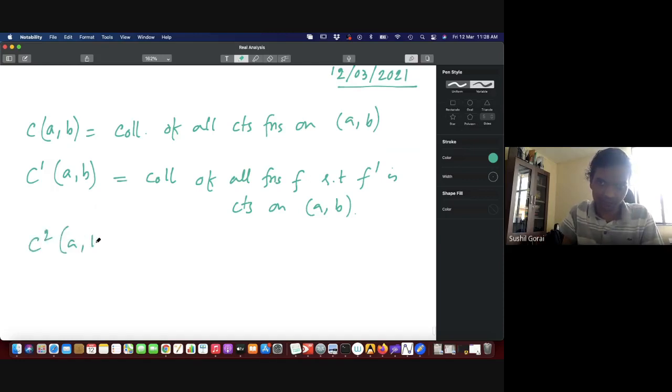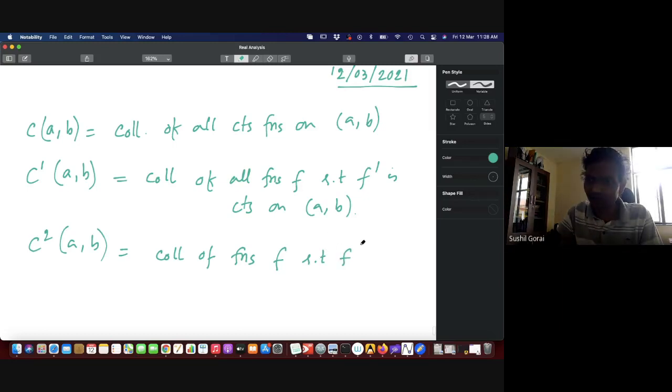C2(a,b) is the collection of all functions f such that f prime and f double prime are continuous on (a,b).